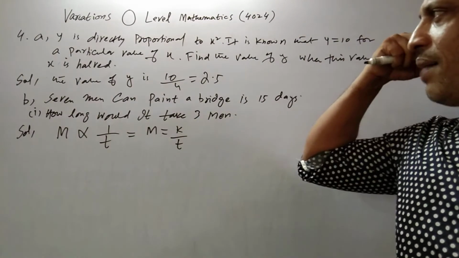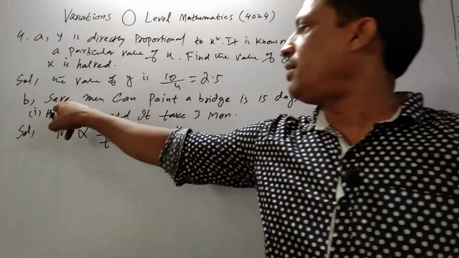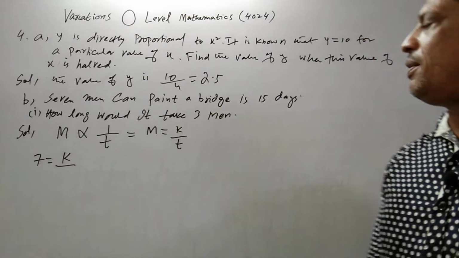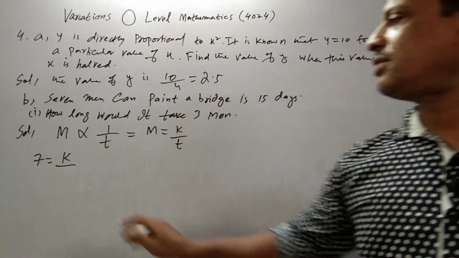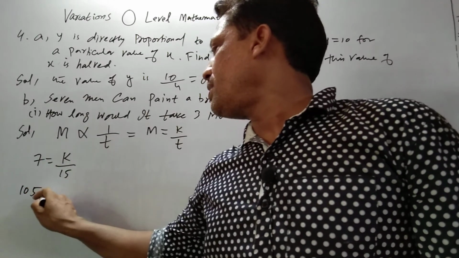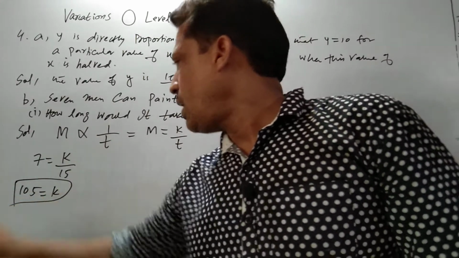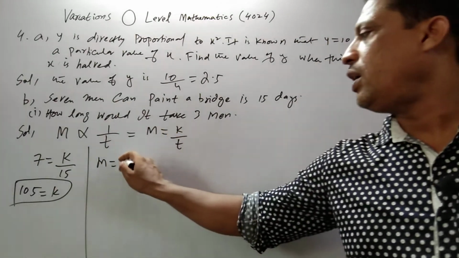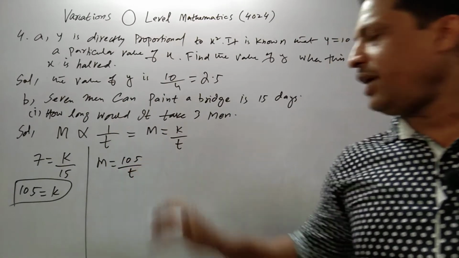The value of m is given in the part, 7 men can paint a bridge in 15 days. 15 sevens are 105, which is equal to K. Hence our equation becomes m is equal to 105 upon t.